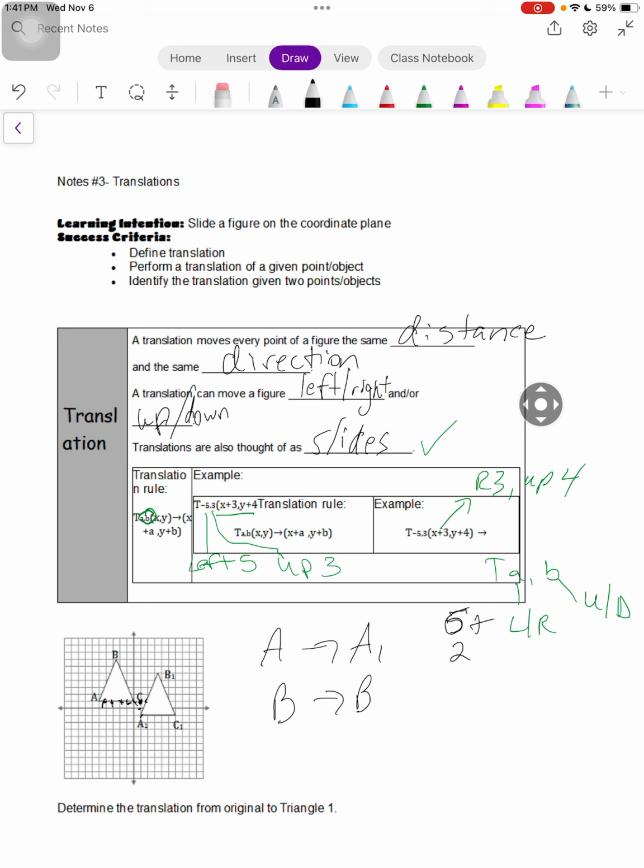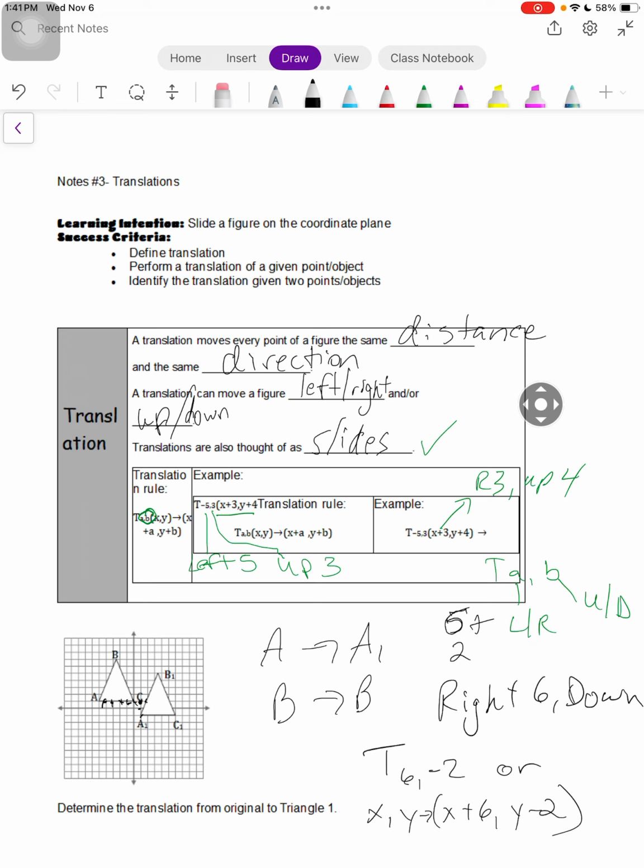So there's two ways that you can write this. You could say right 6, down 2. You can also say T positive 6, comma, negative 2. Or you can say X, Y becomes X plus 6 and Y minus 2.